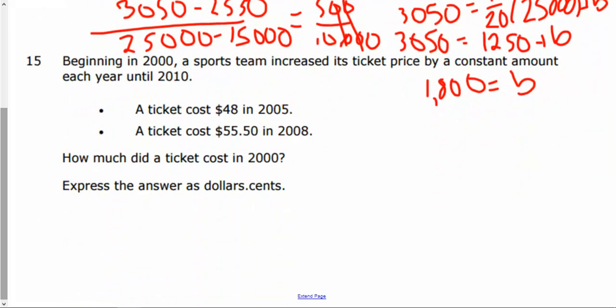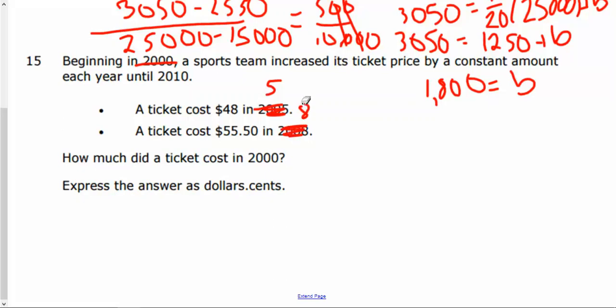All right, moving on to question 2. Should be a little bit friendlier. It says beginning in 2000, well, you can read. So the ticket price is $48 in 2005 and $55.50 in 2008. So notice how it says beginning in the year 2000, that actually tells us that we're going to convert this to a 5 and this to an 8.